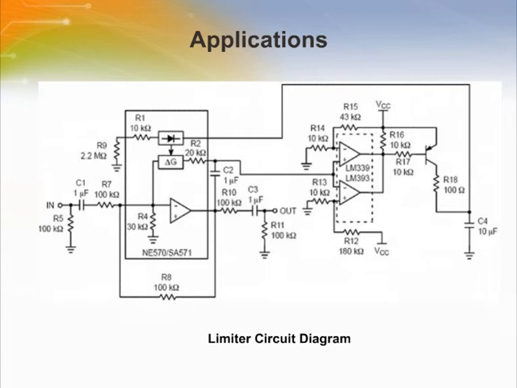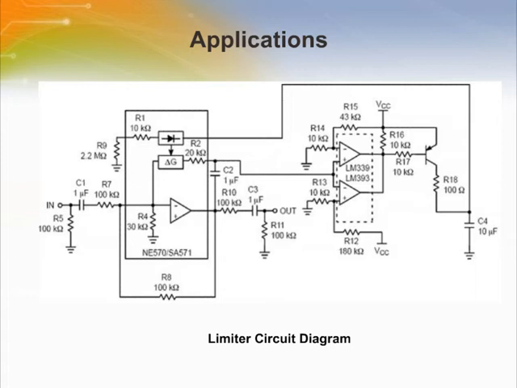This diagram shows an application of a compandor being used as a limiter in an automatic gain controller or AGC. Typical applications of an AGC are compressors and limiters. Compressors and limiters perform similar tasks, but with one exception.